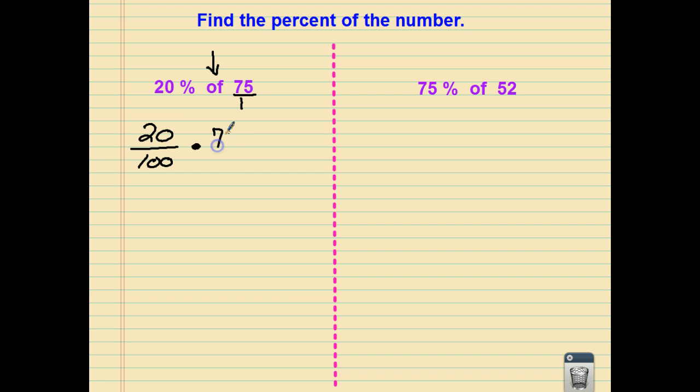So we have 75 over 1 multiplied by 20/100ths. Now, I can do my cross canceling right now and try to figure out what goes into 75 and 100. But before I do that, I don't like those big numbers. What can 20/100ths be reduced to before I start multiplying it by 75?